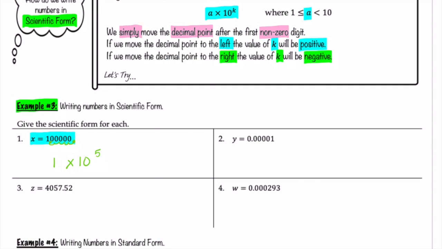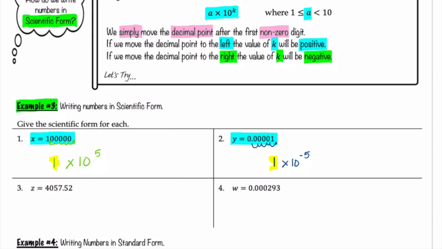For number 2, we have y is equal to that very small number. So in this case, I'm going to start off the same way. I'm moving that decimal place again 5 places, changing that small value to 1 times 10 to the negative 5th power. Your goal is to get that a to be a number between 1 and 10, again including 1, but not including 10.